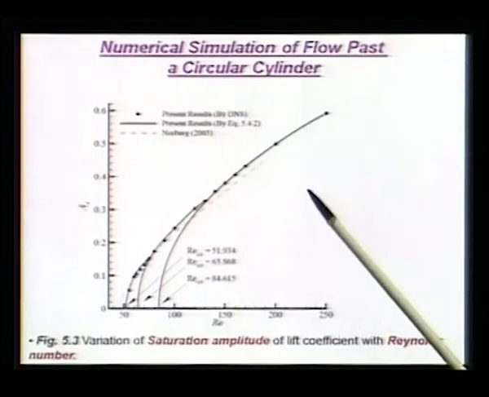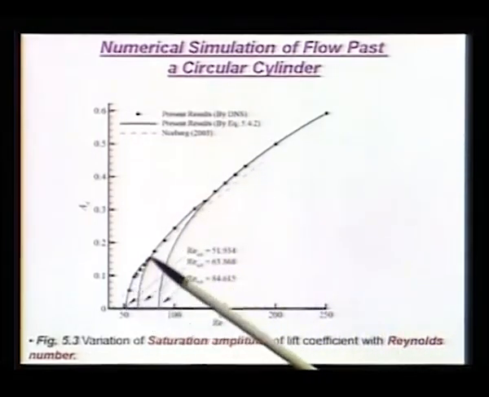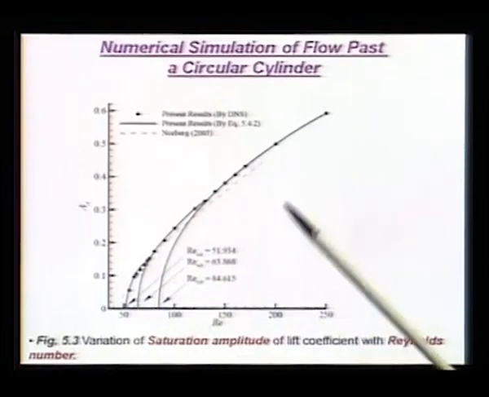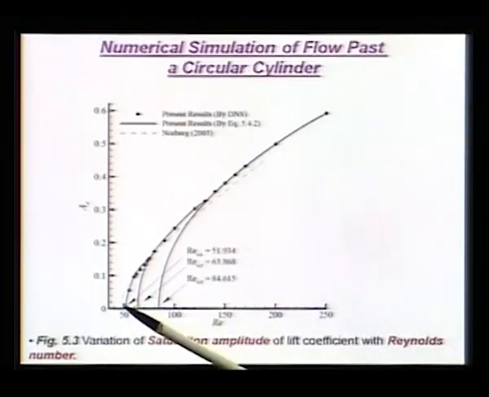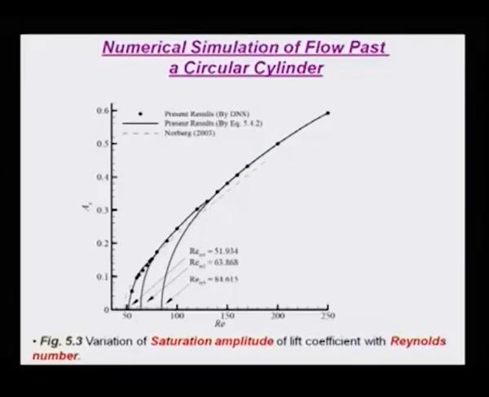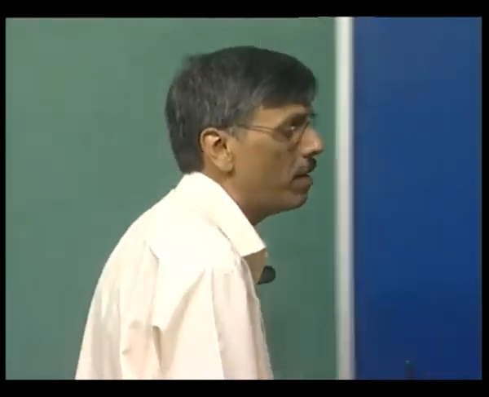And based on his experiments, he produced this kind of empirical fit. So these are not truly experimental data, but an empirical correlation, and that gives you a value which is close to 49 or so. Okay. So this is the kind of thing that we would see.